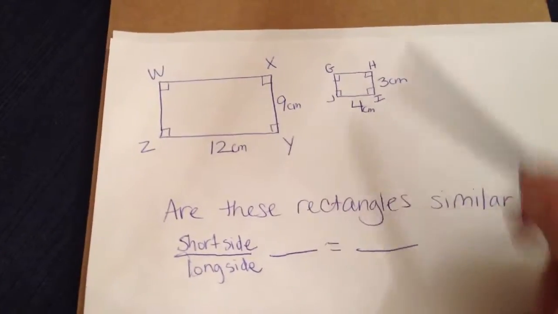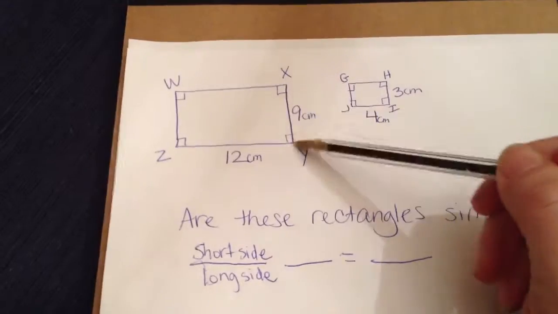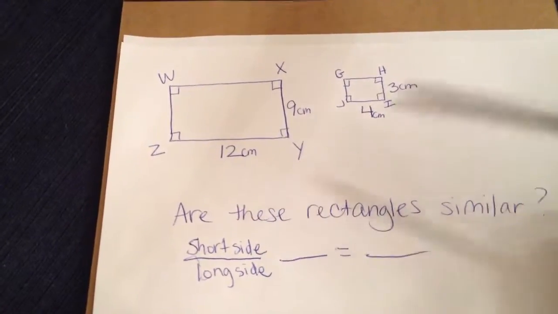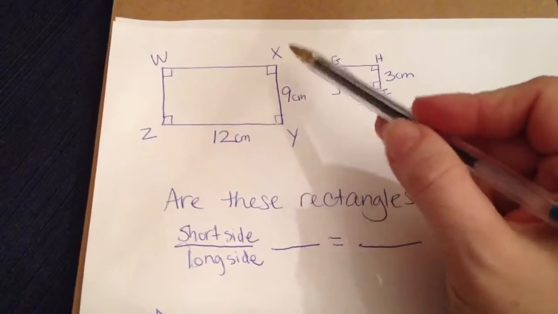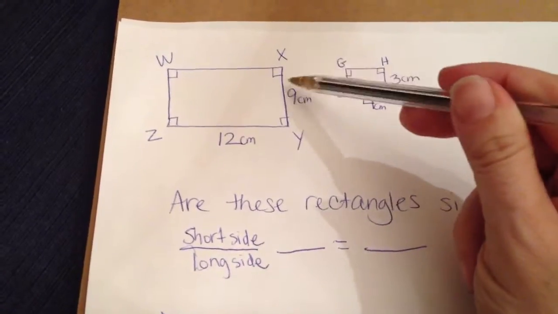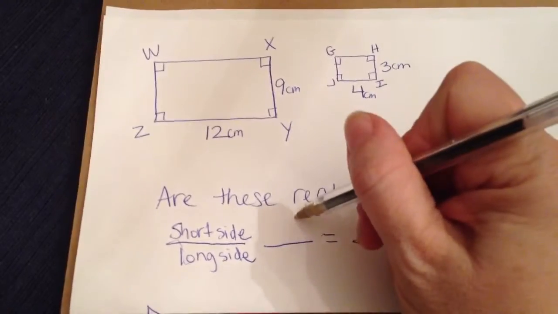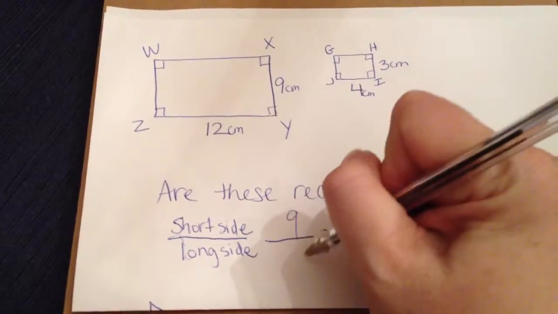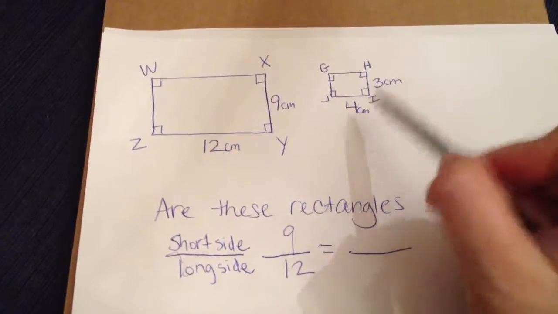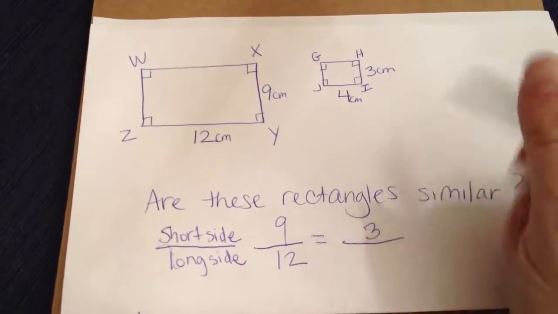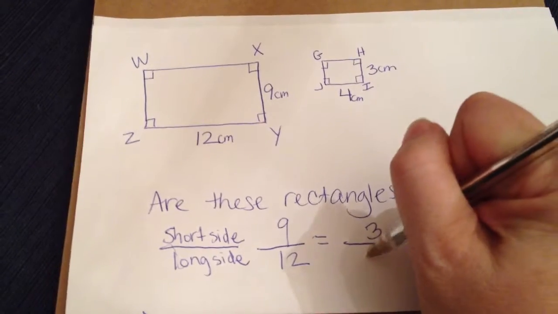So for each rectangle, we're going to write the short side over the long side. We set up the ratio for the first rectangle: short side is 9 over the long side, which is 12. And then the second rectangle, short side is 3, long side is 4.